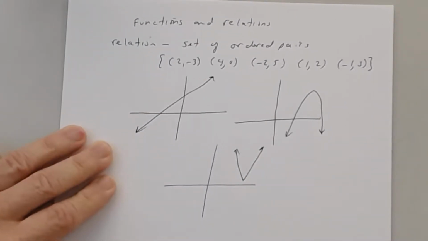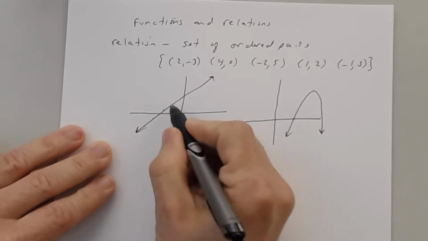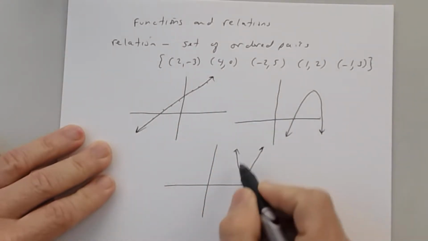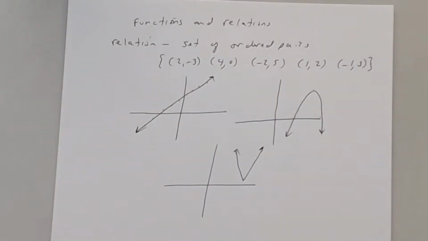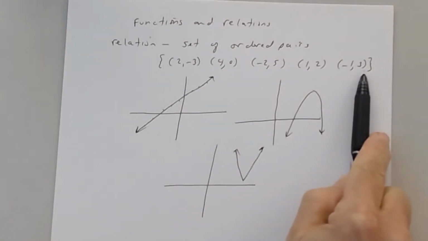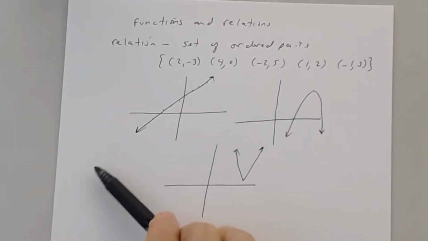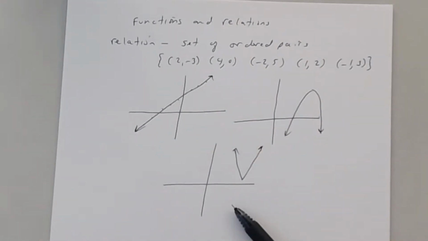They're relations because the points are a set of what? Ordered pairs. So these are examples of relations. A relation definition says a set of ordered pairs. So it could be written as a set of ordered pairs just like this. It could be listed in terms of a graph.